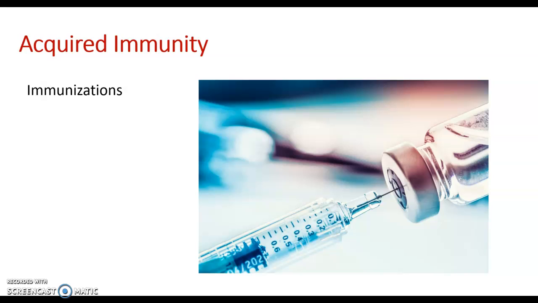Sometimes vaccines will contain a bunch of antigens that were made from the live virus or the live bacteria. Sometimes vaccines will contain dead forms of that virus or dead forms of that bacteria, and basically the antigens are still attached to those dead viruses, and our bodies are able to identify those cells, but they're not able to make us sick.